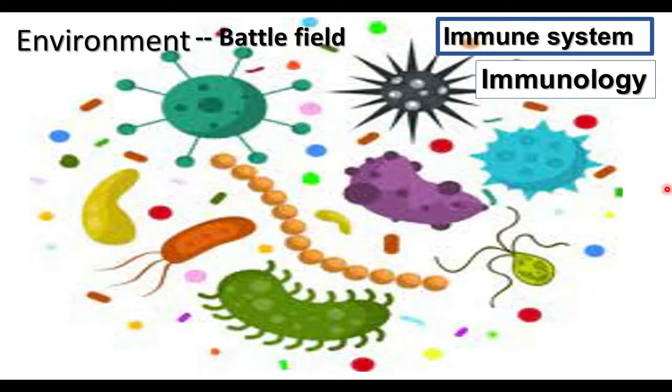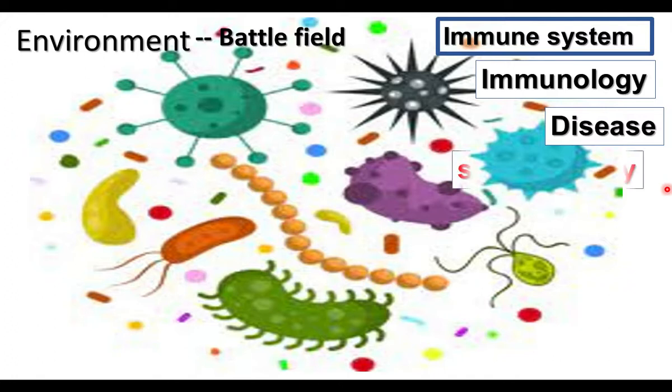If the immune system is not able to fight against the foreign disease-causing agents, the infections will lead to diseases. The inability of the immune system to resist or to fight against the disease-causing organisms and prevent the diseases is called susceptibility.